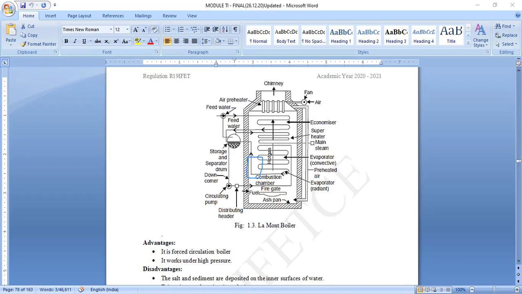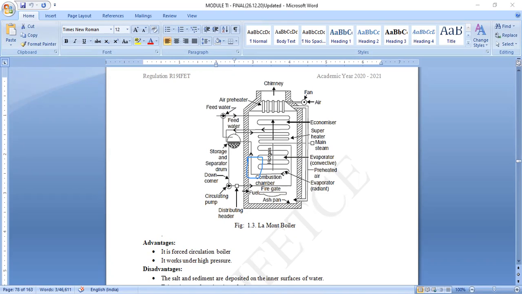Cool water or air is passed through the condenser so that the vapor is converted into liquid. That is why it is called a phase change heat exchanger. Then, with the help of the pump, the water is pumped to the boiler. So this is what happens in the Rankine cycle.